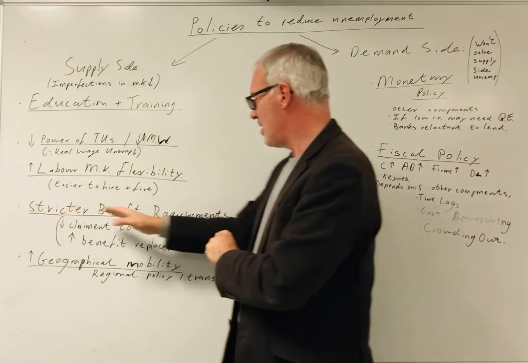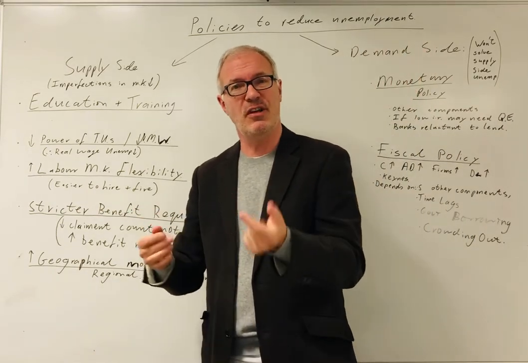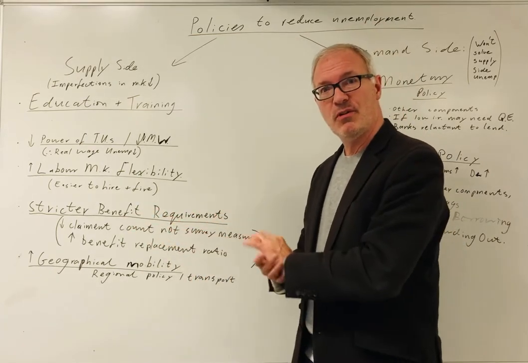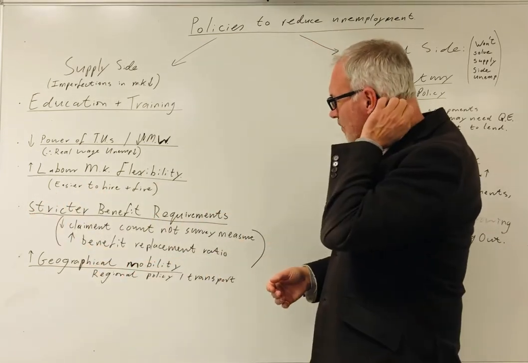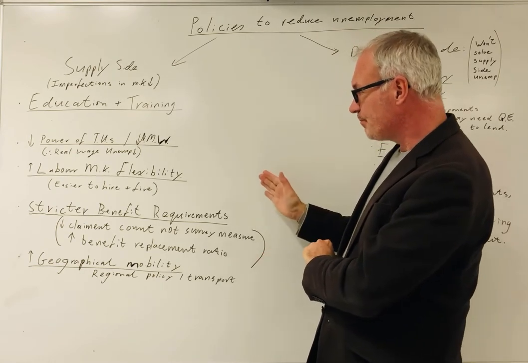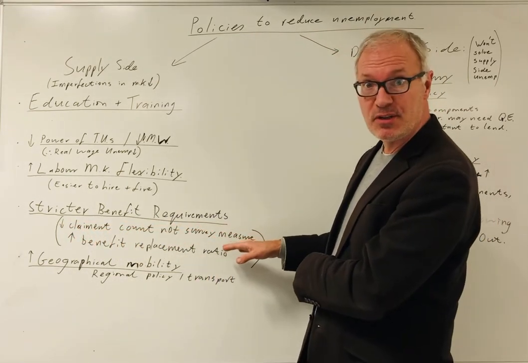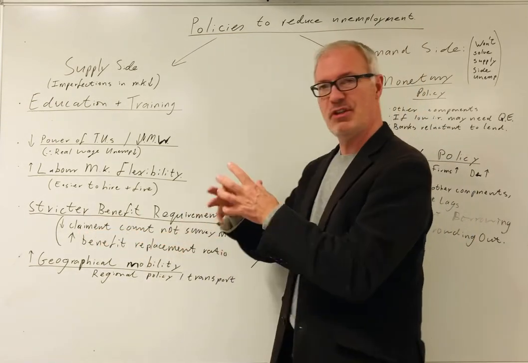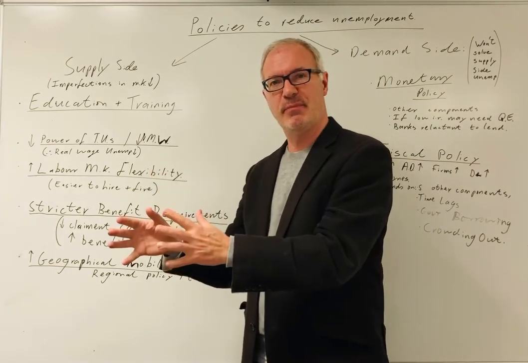And then stricter benefit requirements have certainly occurred in the US and the United Kingdom. Universal credit might be an example, which is a system to try and get people into work through work coaches, and trying to make work pay. But this might reduce the claimant count, but not necessarily a survey measure of unemployment. And of course, another thing you might want to do as part of this is to increase the benefit replacement ratio, which is the difference between net pay in work and net pay out of work.